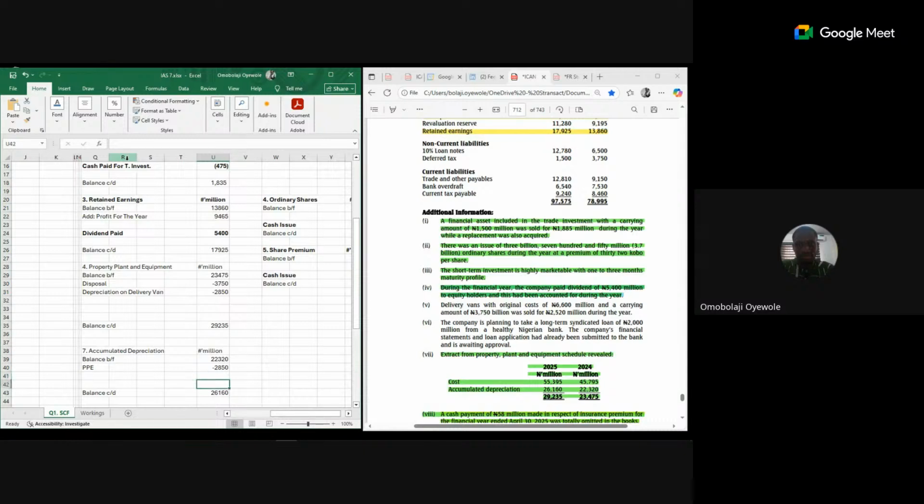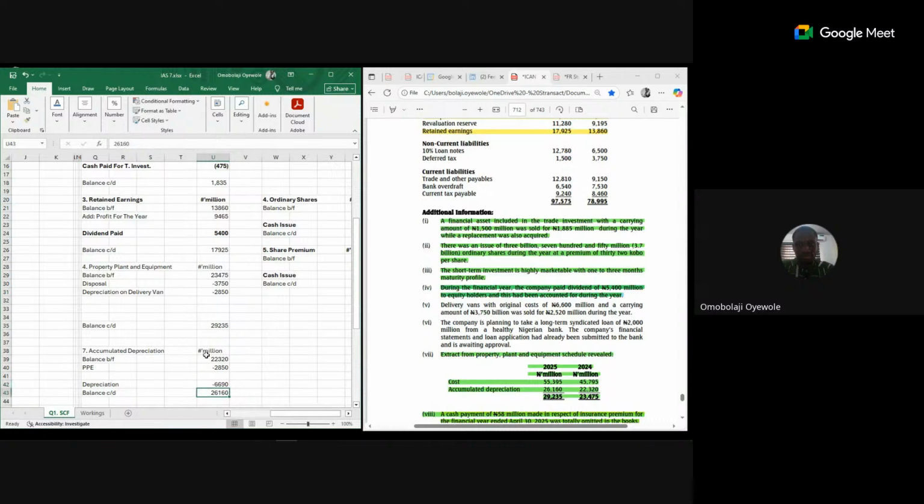So at the end of the day, my depreciation is going to be 22,320 minus 2,850, then minus 26,160.